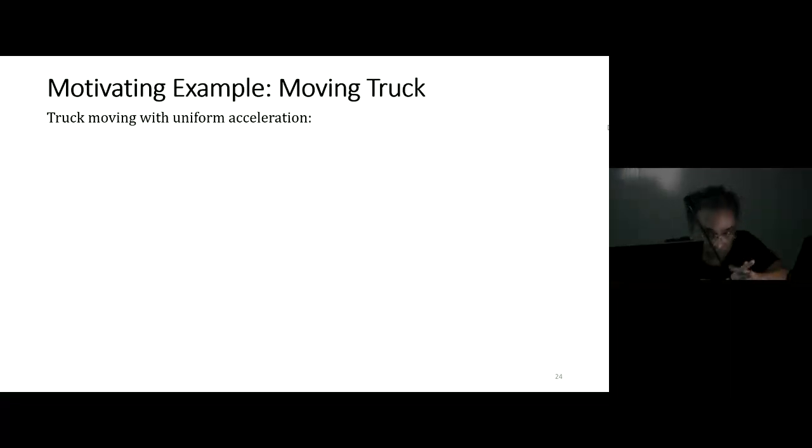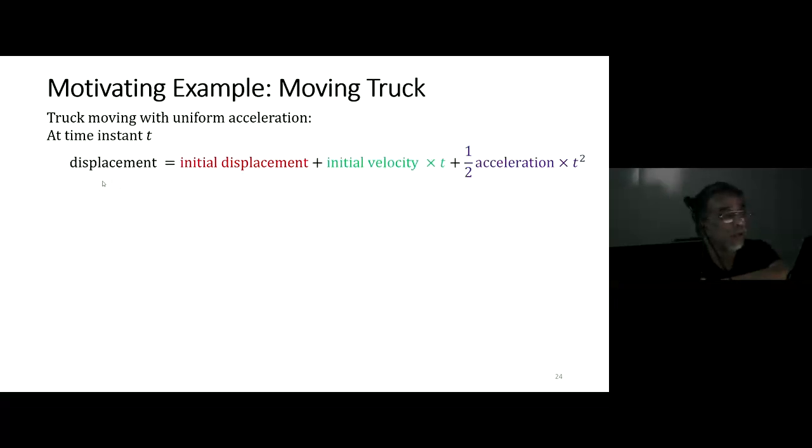Now here's an example of where experimentally you would like to solve overdetermined systems. A truck moving with a uniform acceleration. We know from physics that the displacement at any time t is the initial displacement plus initial velocity times t plus half acceleration t squared.